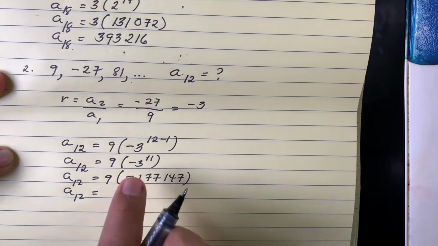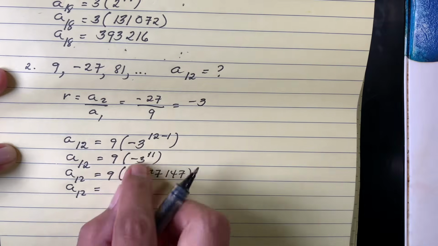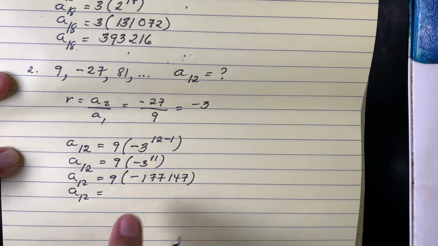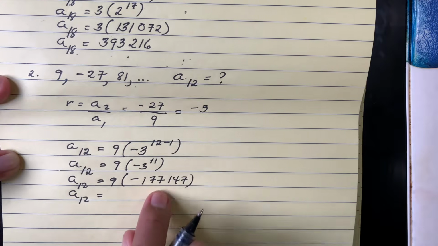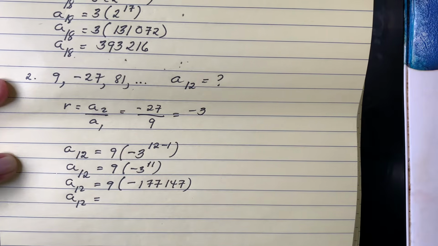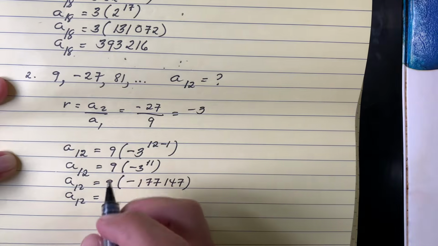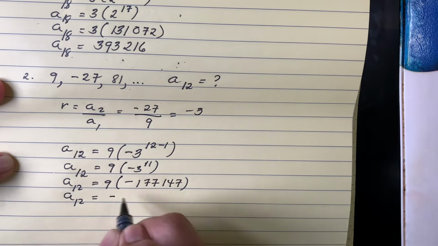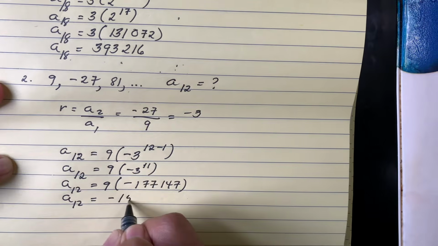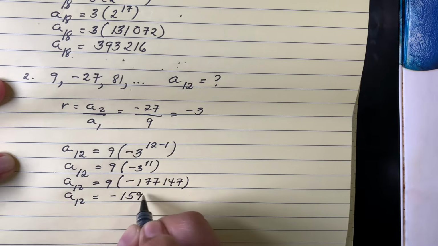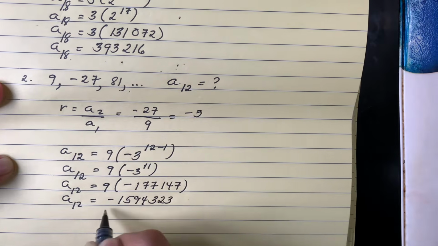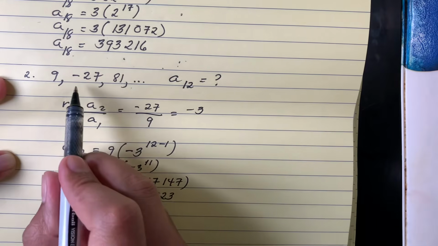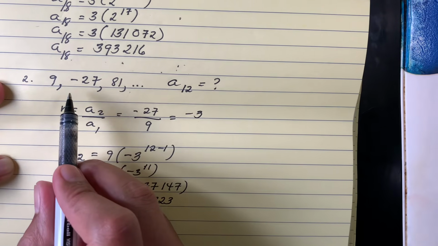You need to simplify first the term with exponent. So let us multiply 9 and negative 177,147. That would be equal to negative 1,594,323. So this is now the 12th term of this geometric sequence.